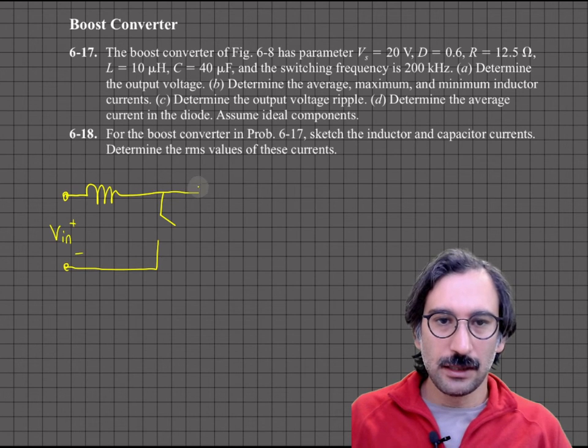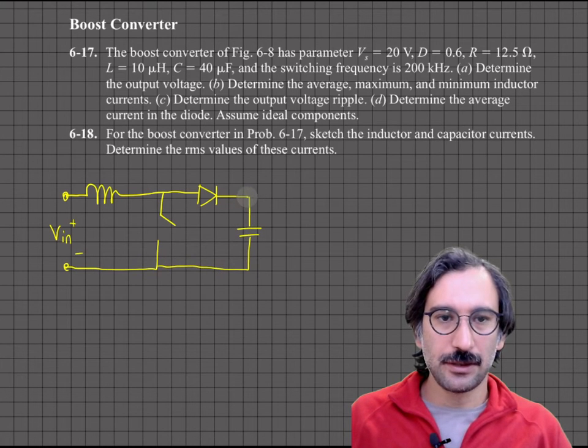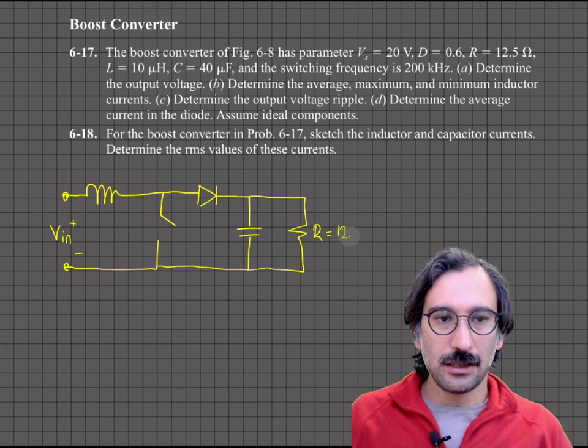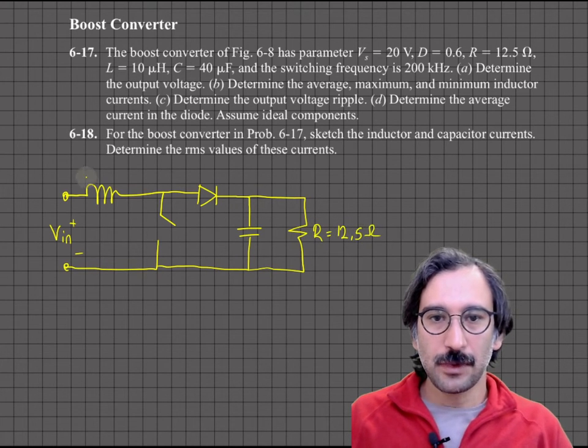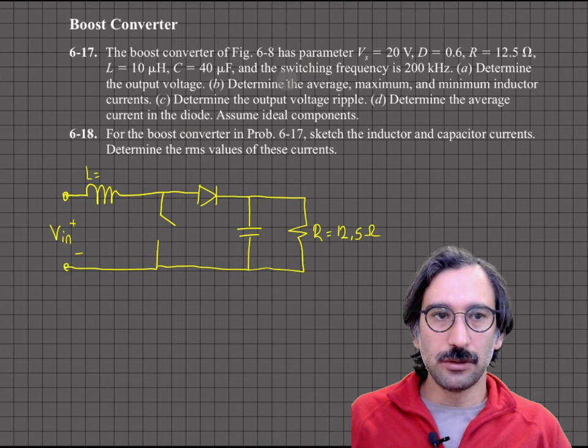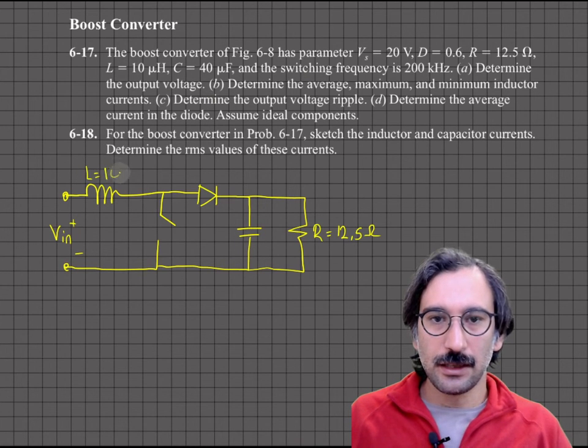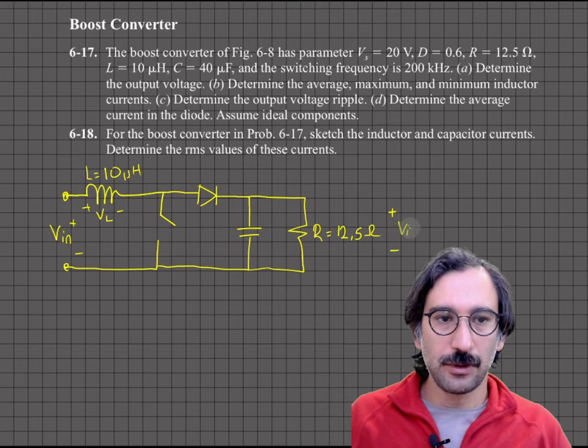Then here we have a diode, and then we have a capacitor, and our load resistance is connected to here, so that is 12.5 ohm. L is equal to 10 microhenry, and this is our VL, and this will be our V.